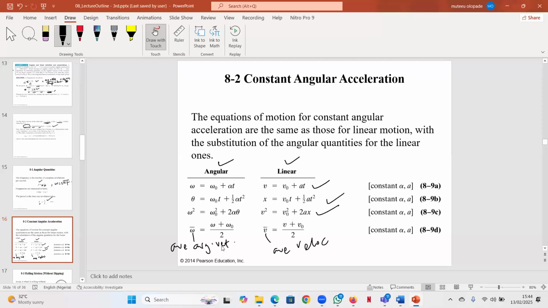But I hope we all remember these three equations. So in place of the velocity, you use omega. Initial velocity, you use omega naught. Acceleration, you use alpha. So the same thing. When you are dealing with angular motion, you represent them with that.